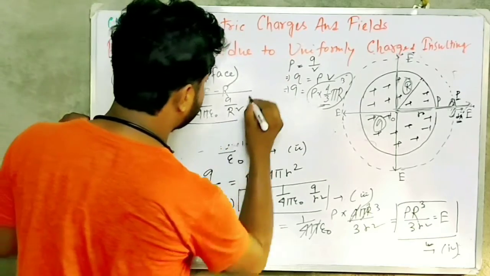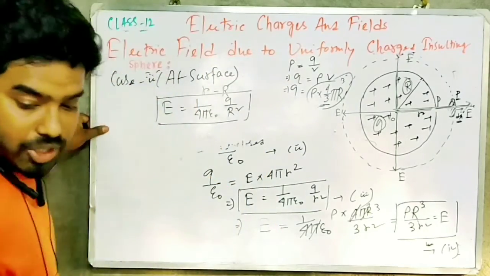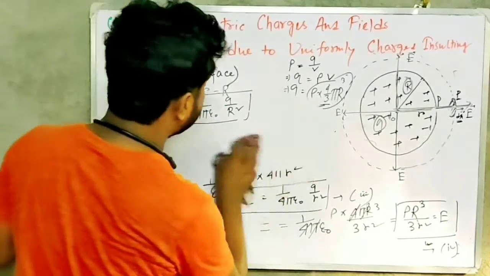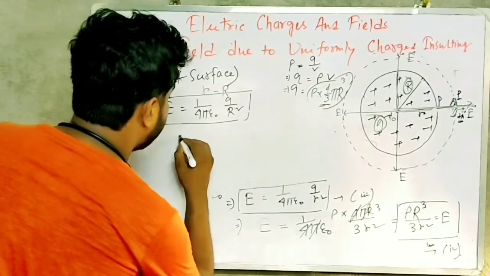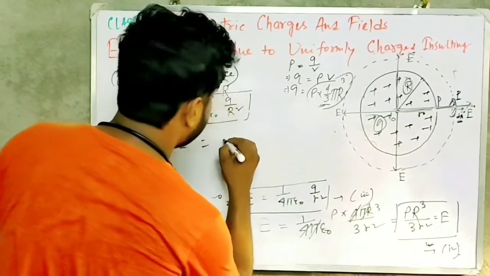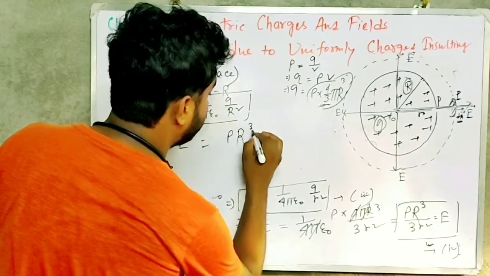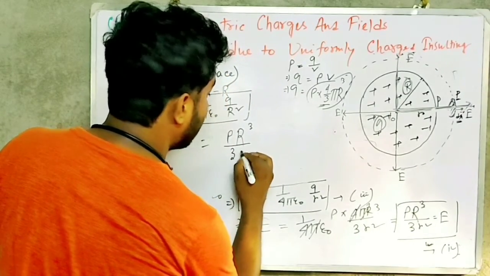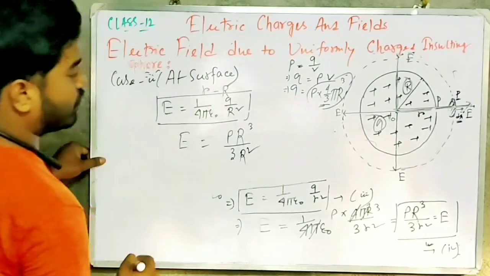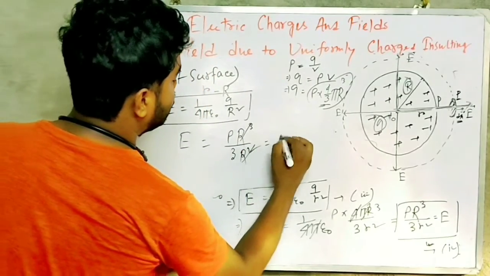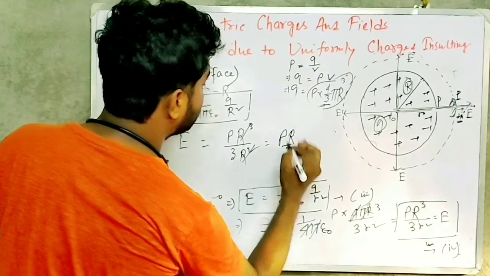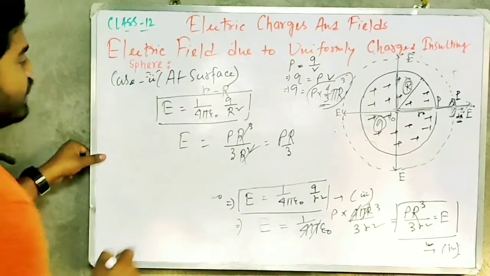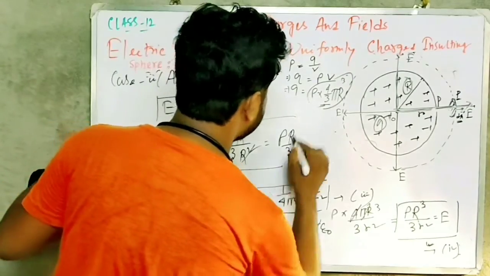This is one expression, and another expression will be E is equal to rho R cube divided by 3 r square, that is 3, and this one will be capital R square, so rho R by 3. Yes, rho R by 3. This is the second expression.